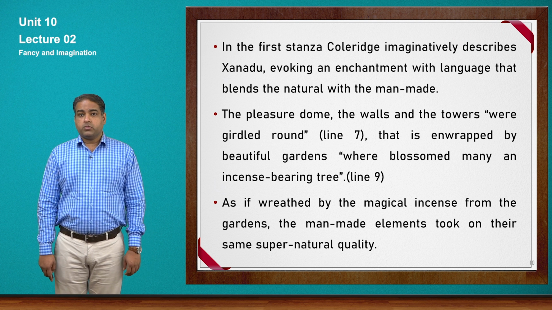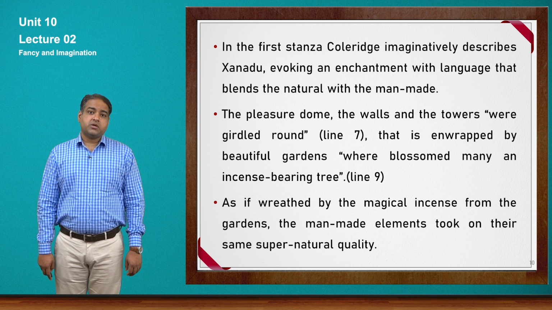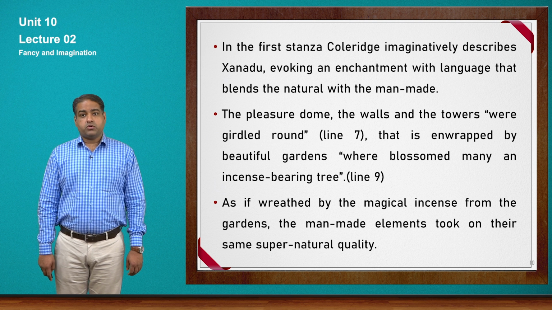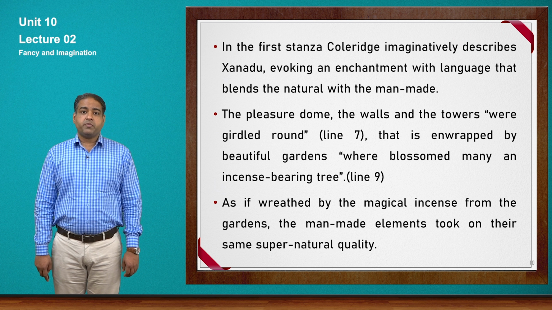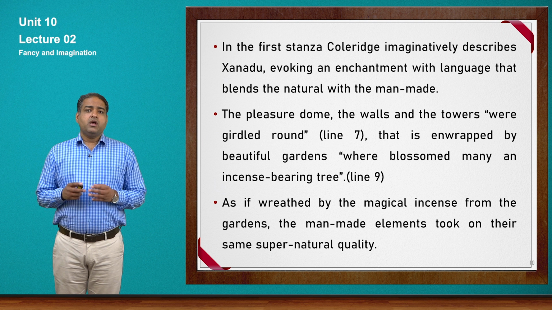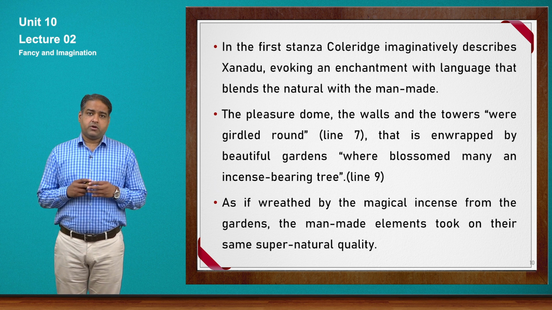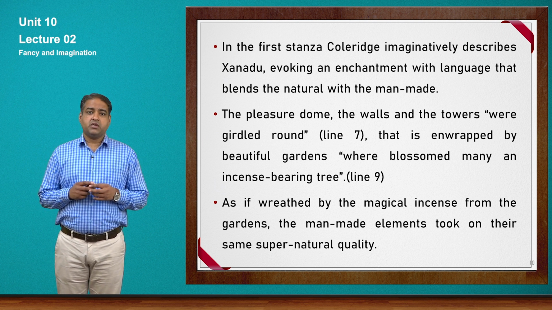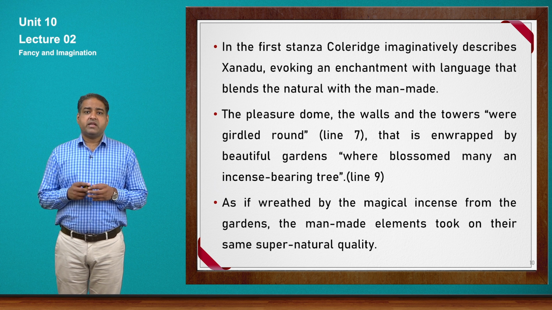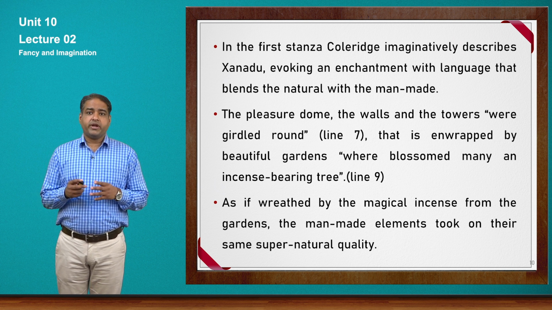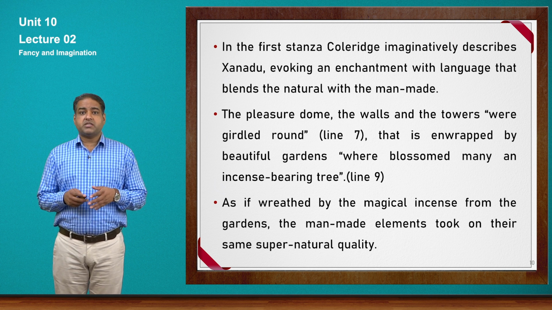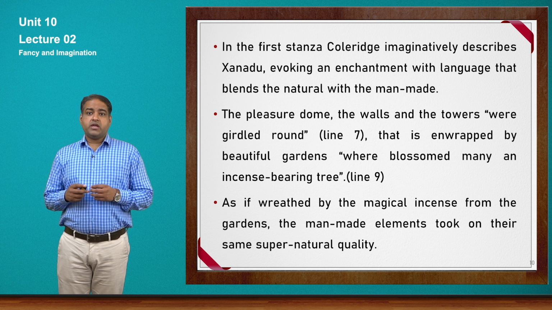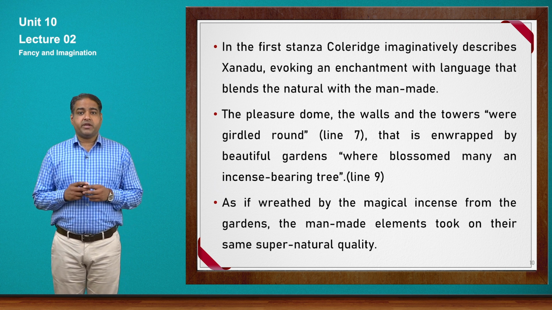The pleasure dome, the walls and towers were girdled round, that is, enwrapped by beautiful gardens where blossomed many an incense-bearing tree. When we look at the scenic beauty of this place, the pleasure dome, we see that they were gilded round, surrounded by a beautiful garden, where blossomed many an incense-bearing tree.